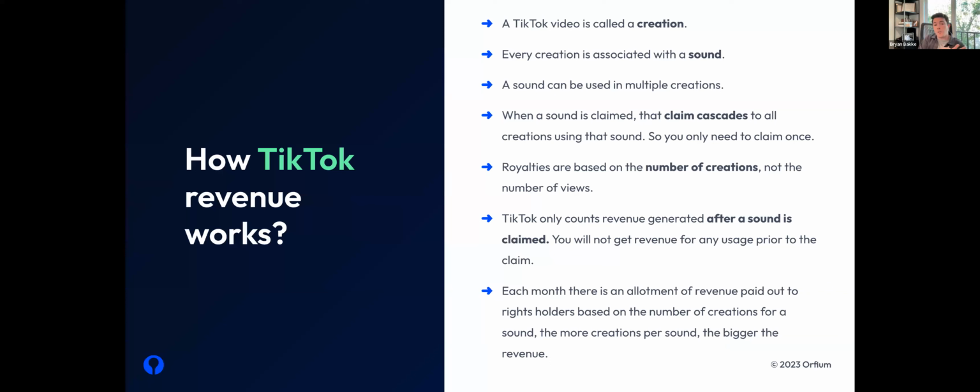So contrary to YouTube, royalties aren't based on the number of views a creation gets, but the number of creations that use your sound. This is different from the views model that we see in YouTube, in which views drive the revenues. So for example, a single video could have 50 million views on TikTok, but the payout will only be for that one video creation, not the 50 million.